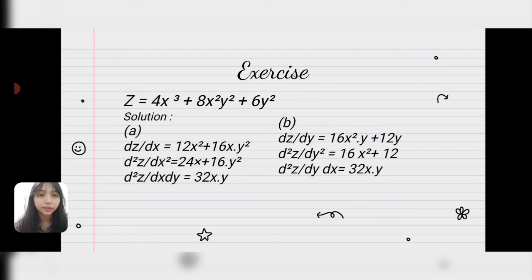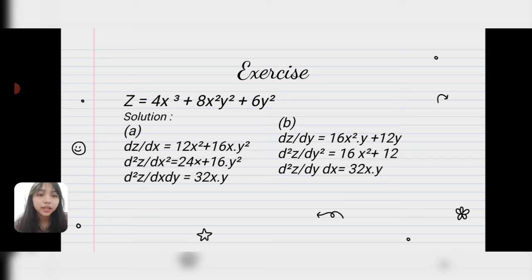So the next example exercise is z equal to 4x to the power of 3 plus 8x to the power of 2 y to the power of 2 plus 6 y to the power of 2. The solution is that del z with respect to del x equal to 12x to the power of 2 from 4 multiplication from the power 3.